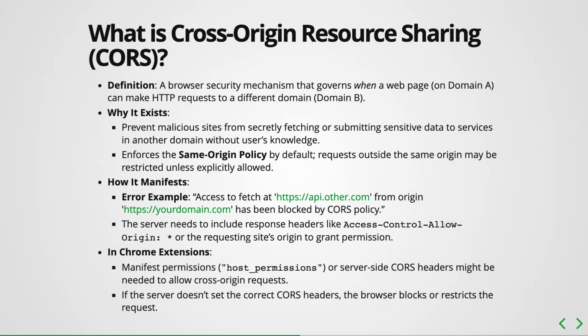It's to prevent malicious sites from secretly fetching or submitting sensitive data to services in another domain without users' knowledge. It enforces the same origin policy by default, and requests outside the same origin may be restricted unless explicitly allowed.